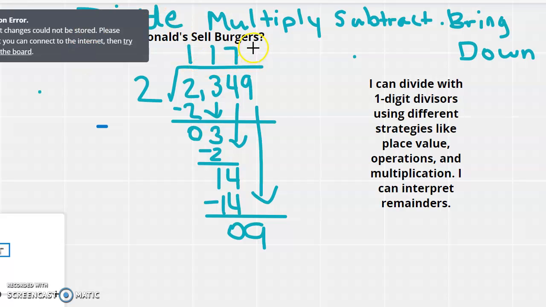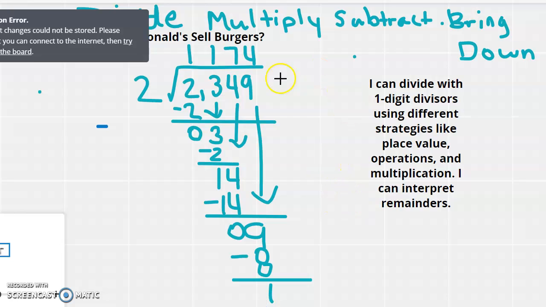So I'm going to write that 4 on top next to the 7 and on top of the 9. And I'm going to multiply 4 times 2, and that product is 8. So I'm going to subtract that 8 from the 9, and I have a 1 left over.